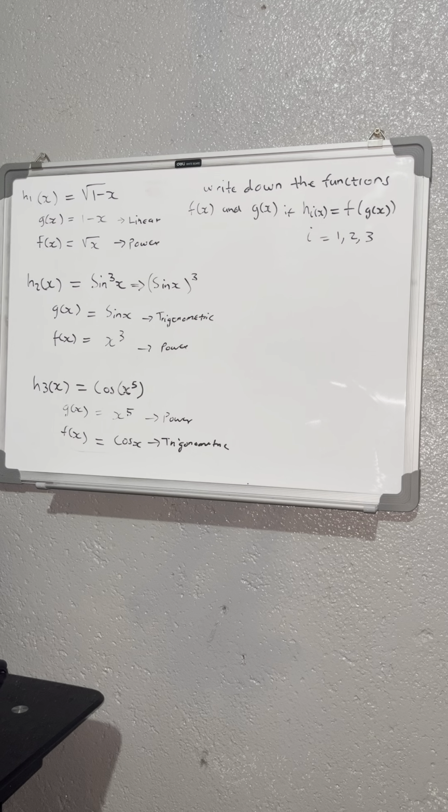So I'm going to look for example 4, which is going to be at least a little bit tricky compared to the other ones. So again, I'm going to pause the video and write the example down.